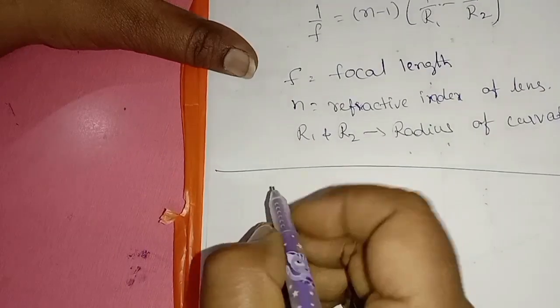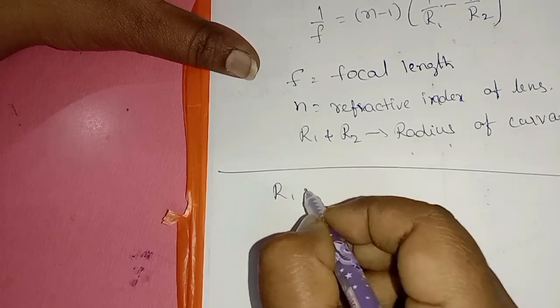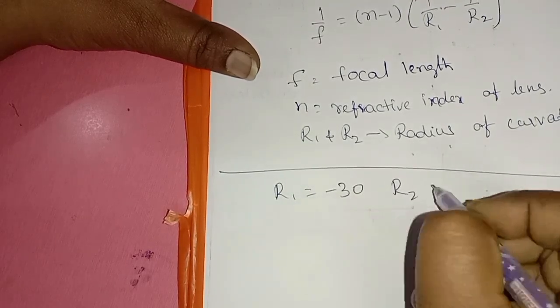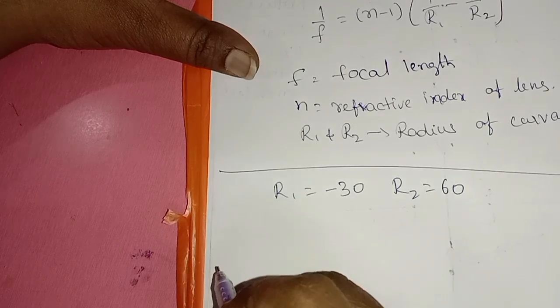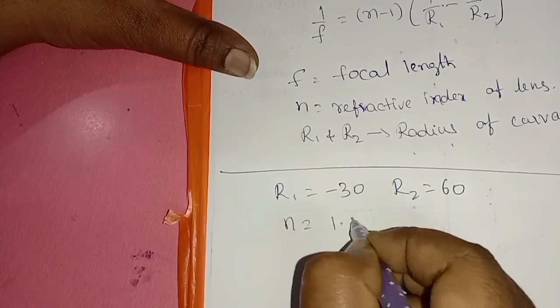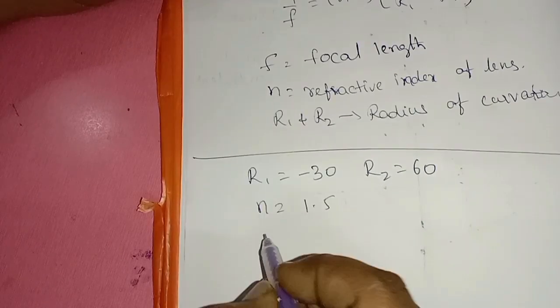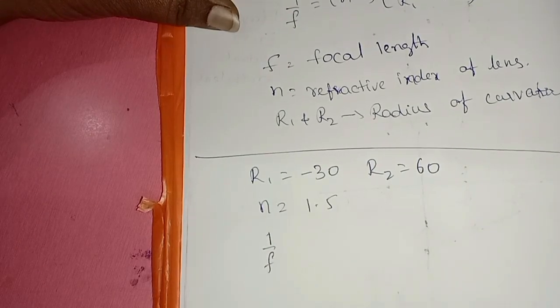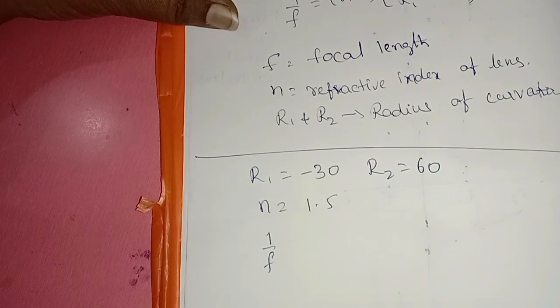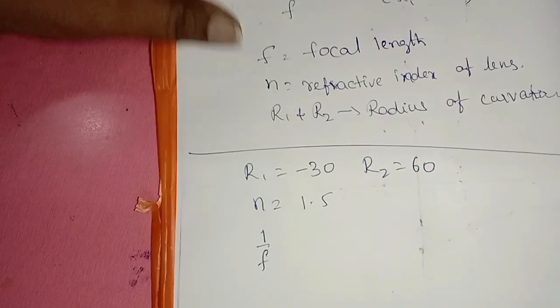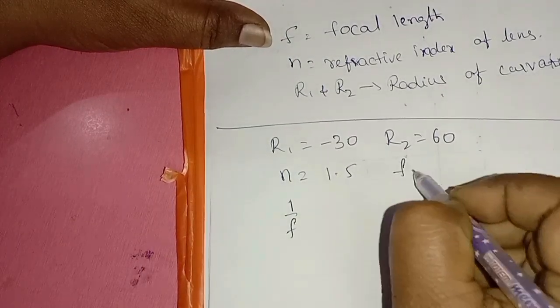R1 is given as minus 30, R2 as 60, and refractive index 1.5. The question reads: what is the focal length of the double concave lens kept in air with two spherical surfaces of radii R1 equals 30 centimeters and R2 equals 60 centimeters? Take the refractive index of the lens as n equals 1.5. So I wrote the information from the question, and we are asked to find f.